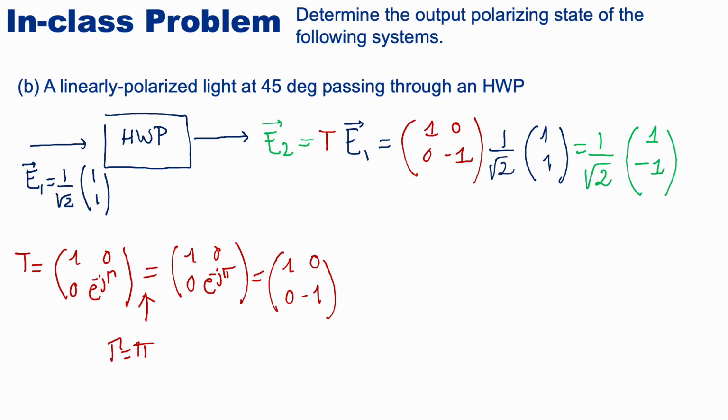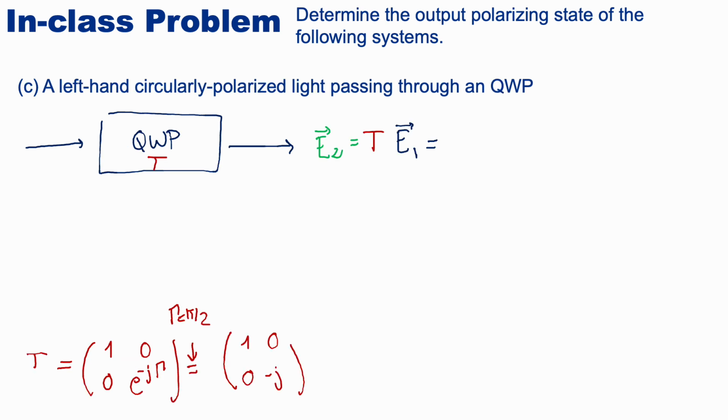The only difference is that our x component is flipped. So that is going to be linear light, but now it's rotated at minus 45 degrees.